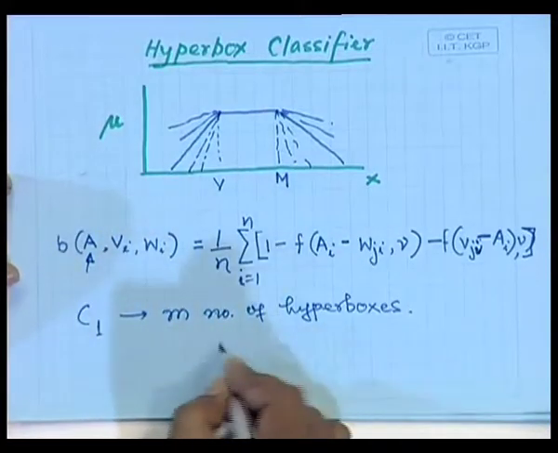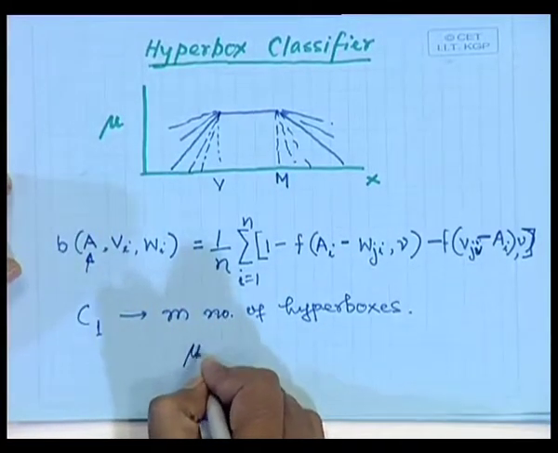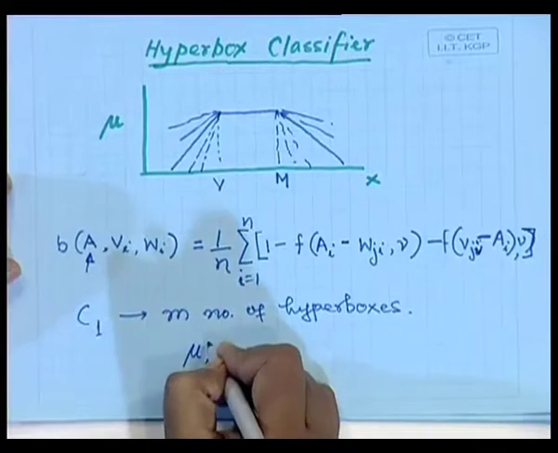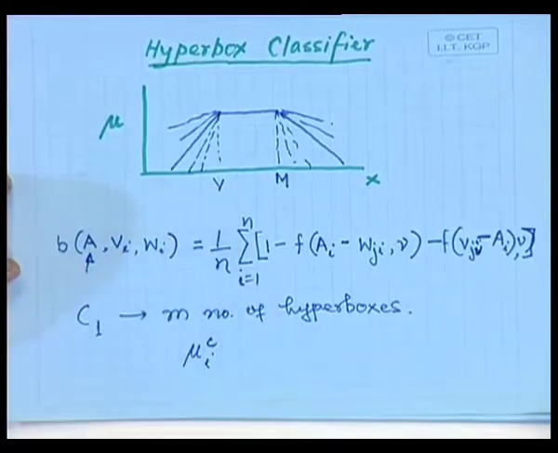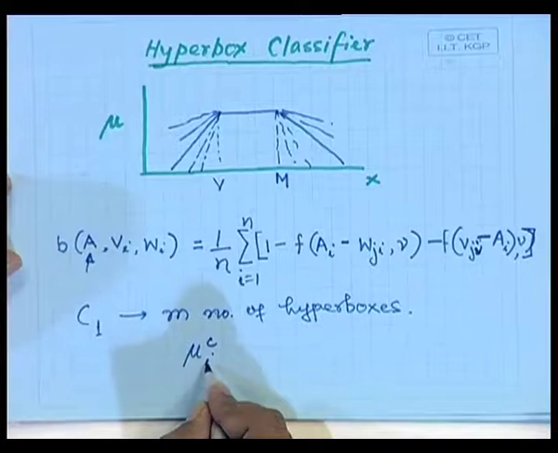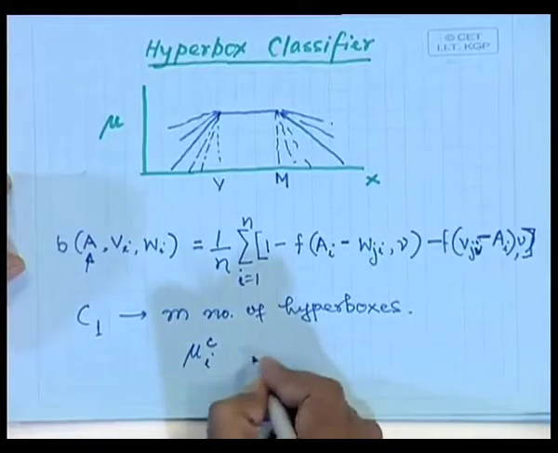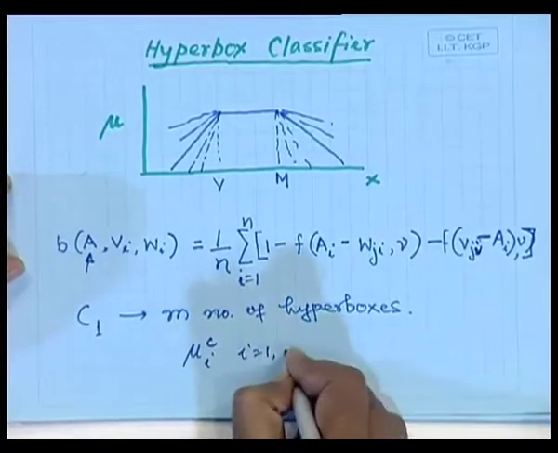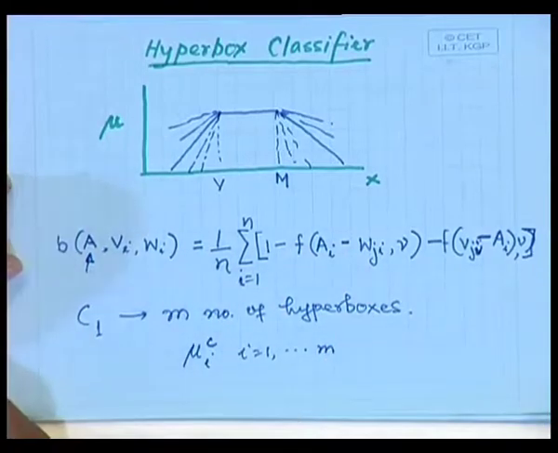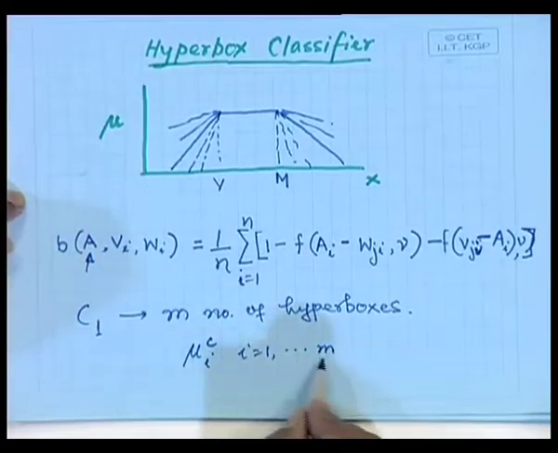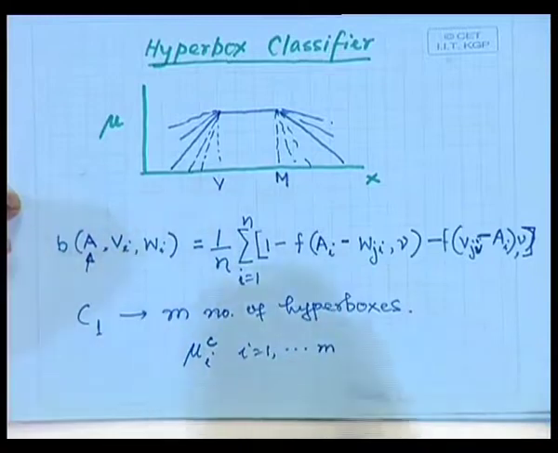So there will be mu_i for class C, for i varying from 1 to m, as I have m hyperboxes.